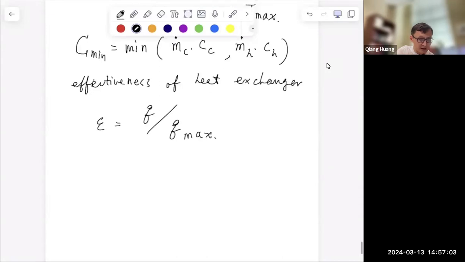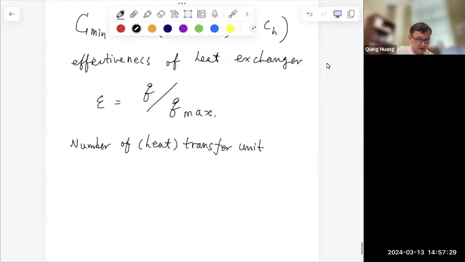This is basically the performance of a heat exchanger. Another concept is defined as the number of heat transfer units.